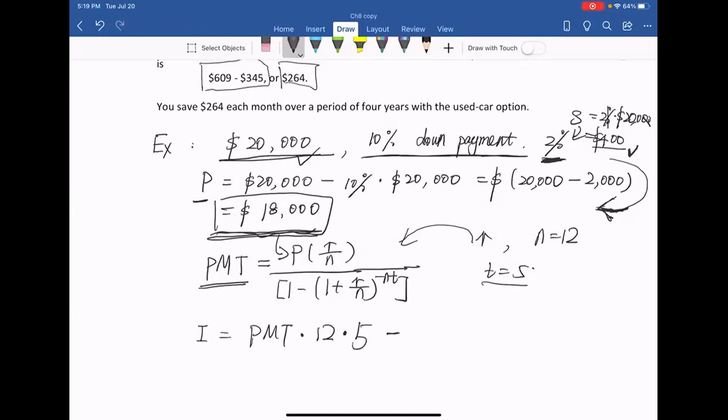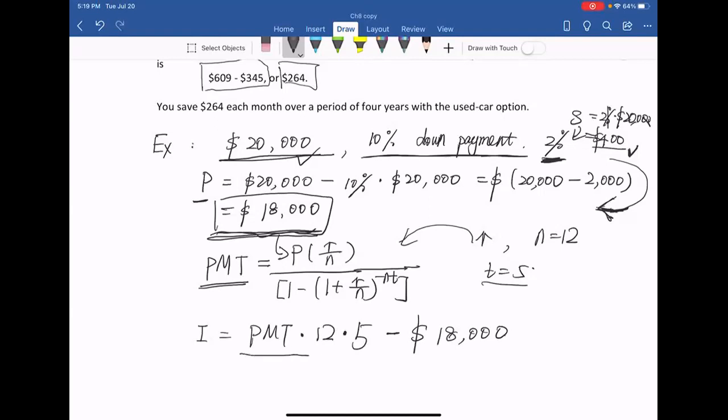And then subtract the loan you borrowed. Remember here, the loan is 18,000. It's not 20,000. 20,000 is just the selling price of the car. It's not the loan you borrowed.